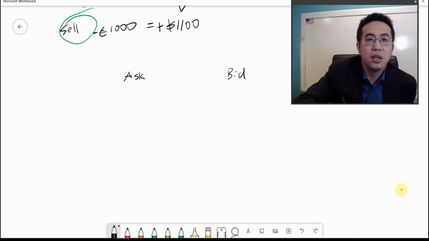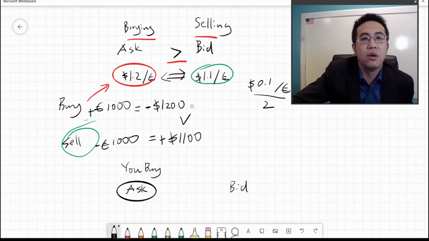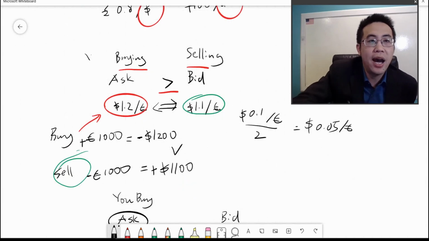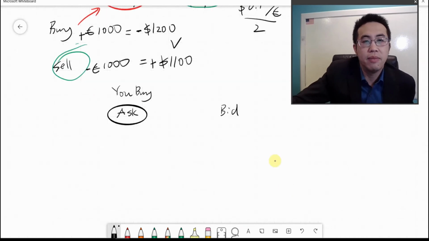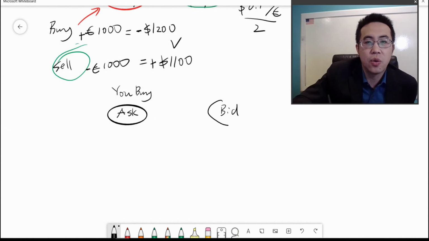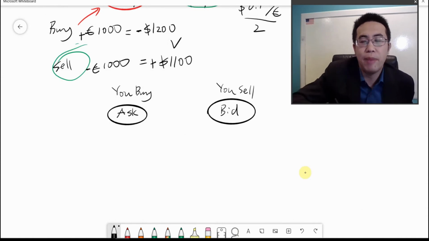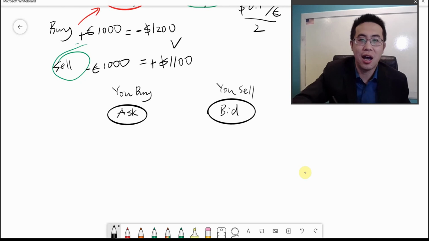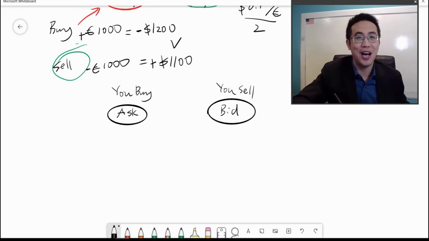Think about this: ask basically means you buy things. Just like above, when it's ask, that means you are buying it. And if it's a bid, then that means you are selling things. If you buy, you pay more. If you sell, you get less. That's how it works. Otherwise, the dealers do not make money.